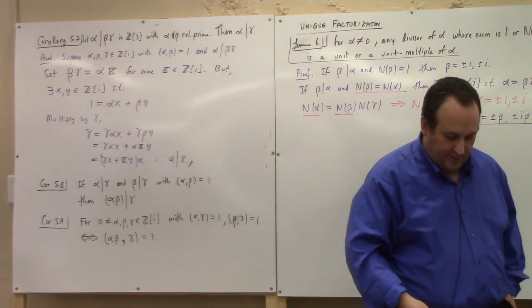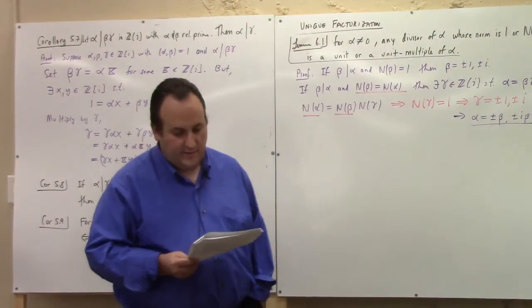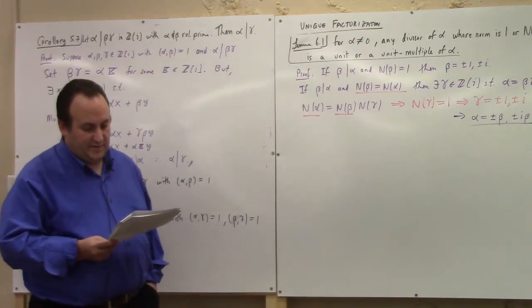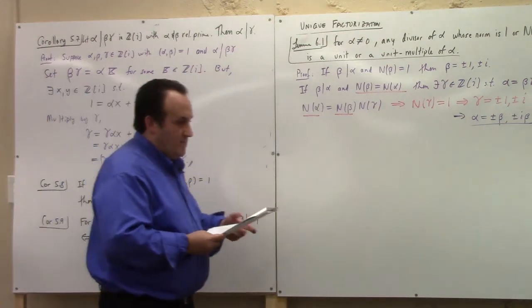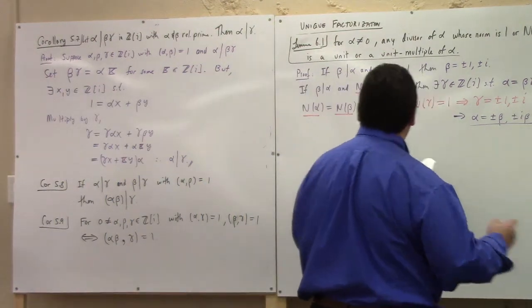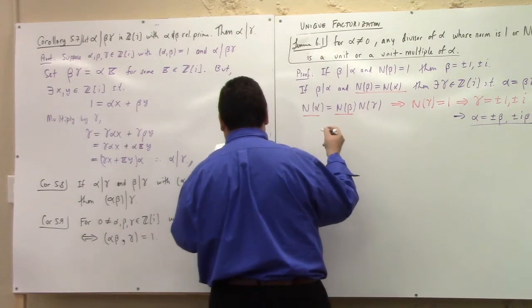Now, he gives a warning. He says Lemma 6.1 is not saying that the only Gaussian integers whose norm is n of alpha are plus or minus alpha and plus or minus i alpha. For example, here's a cautionary example. Not a counterexample, but don't overextend what this is saying, right?